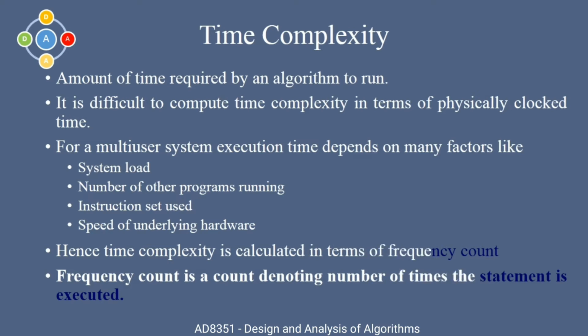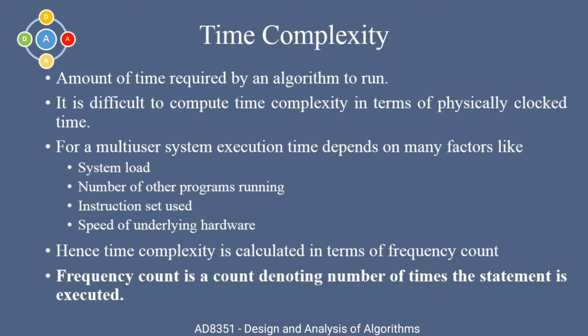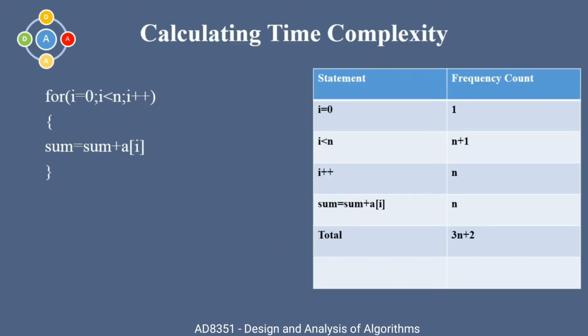What is frequency count? Frequency count is a count denoting the number of times that a particular statement is executed. Consider this example. Here we have one for loop statement. This for loop contains initialization, condition checking and an increment operator. So frequency count is how many times each instruction is executed.